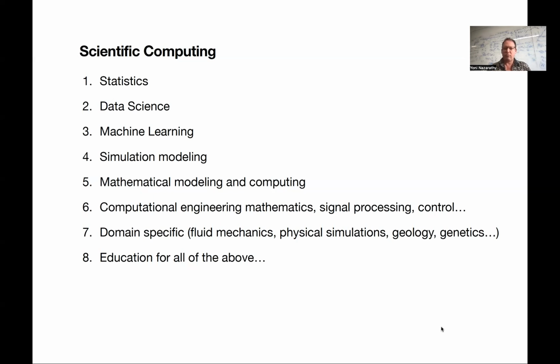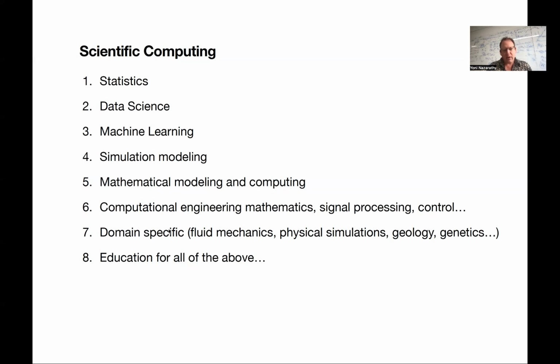But then you get to more model-specific things, such as simulation modeling, and that can mean a variety of things. It can mean Monte Carlo simulations, or deterministic simulations, or epidemic simulations, or micro simulations, or macro simulations, or weather simulations, etc. And in general, mathematical modeling and computing.